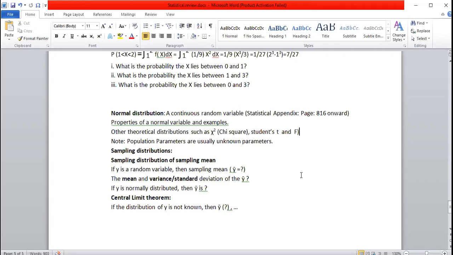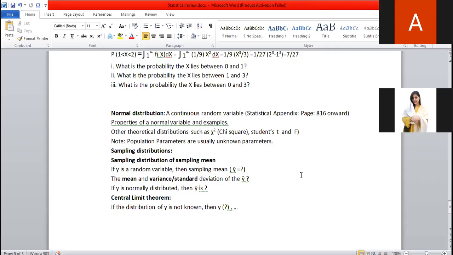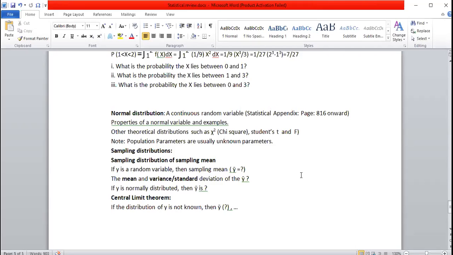How do you know this y bar is really a good guess about mu? Are you making a big mistake? Are you making a little mistake? How do you justify? You have to research and analyze.